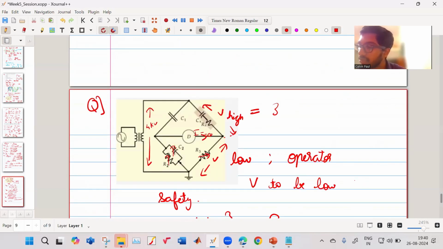It will be around 3700 volt, and this over here is around 254. So that's why this voltage is very high and this voltage is quite low in comparison. That is the advantage of this configuration of this bridge network.